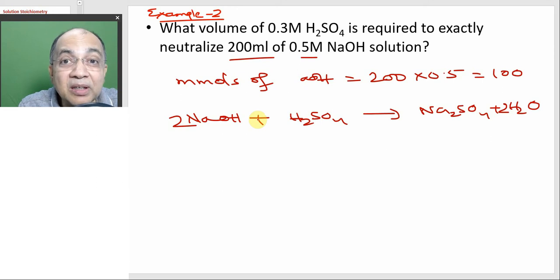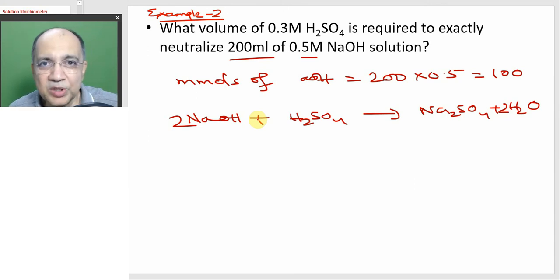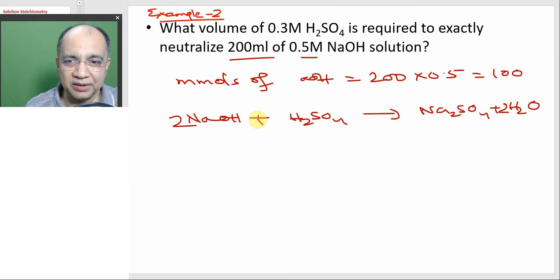But in the equivalent method that we shall study in the next video, it always takes place in equivalence, means X equivalents of A will react with X equivalents of B. So it is much easier to solve a single reaction problem in a titration experiment by the normality method, because that will give you the number of equivalents which are same for both reactants, right? Don't worry, we shall talk about that later.